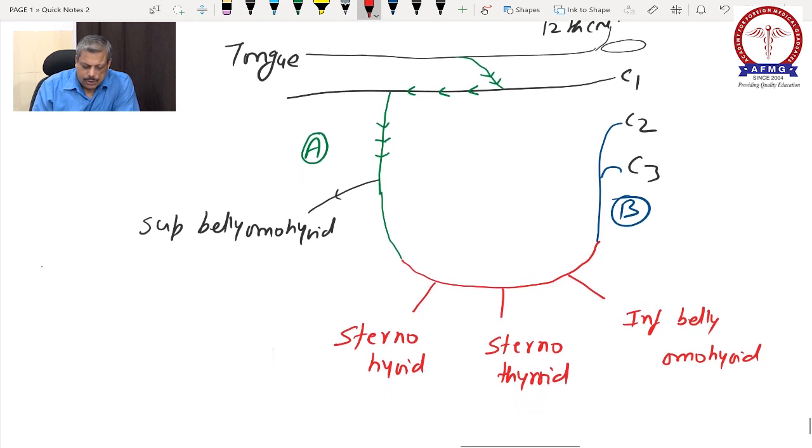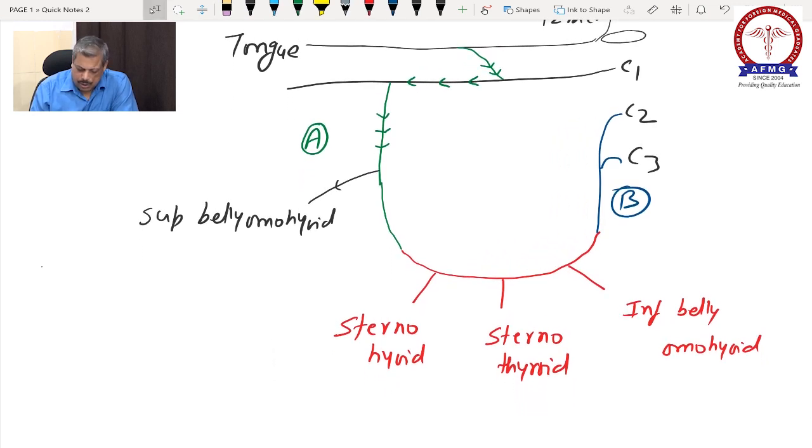Clear? So the point is, what muscles are supplied by the ansa? The ansa supplies the sternohyoid, sternothyroid and the omohyoid.